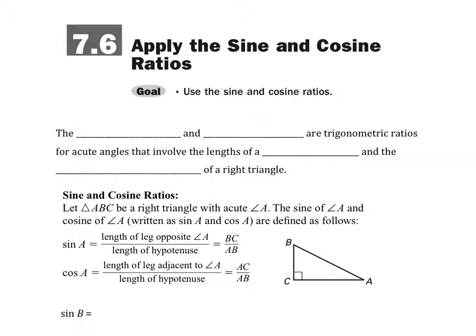In this lesson, we're going to use the sine and cosine ratios. The sine and cosine are the trig ratios for the acute angles that involve the lengths of a leg and the hypotenuse of a right triangle.